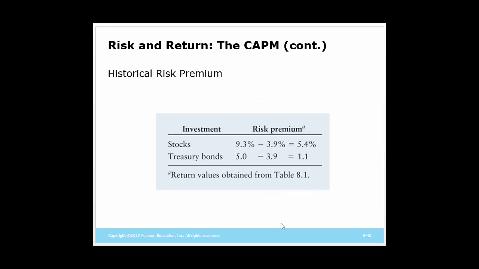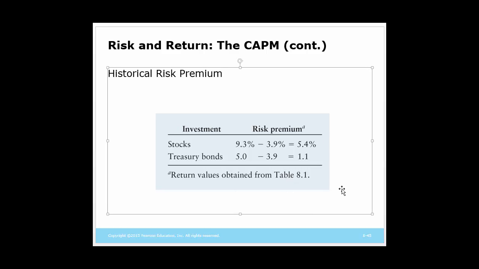So the risk premium, again, how do we calculate this? We said the stock market in general is averaged around 9.3. One of the other tables was actually even up a little higher, about 11.7. Treasury bonds, we had about 3.9%. But essentially, to find the historical risk premium, you take the stock average return and subtract out the treasury bond, or the risk-free rate.